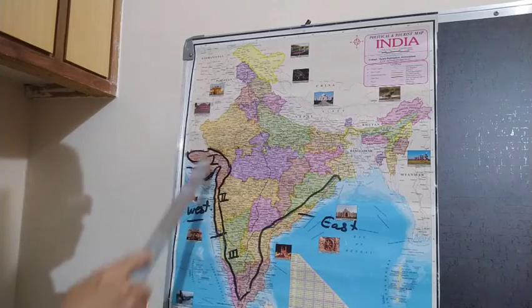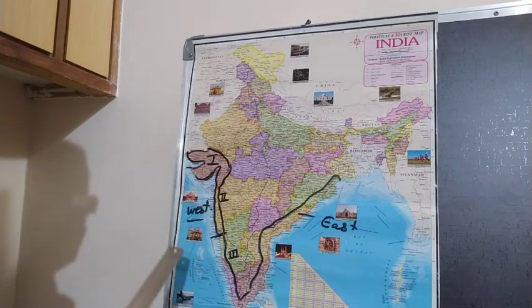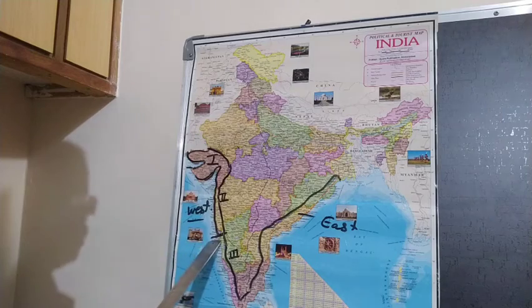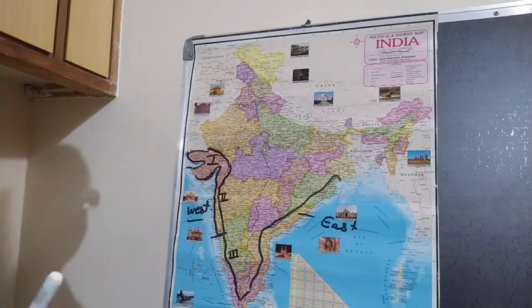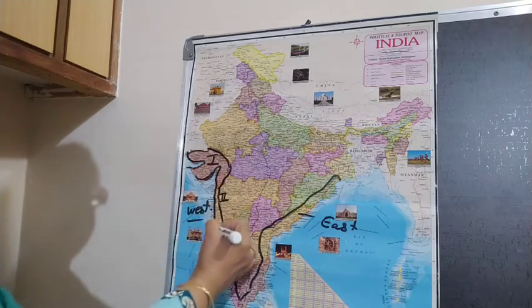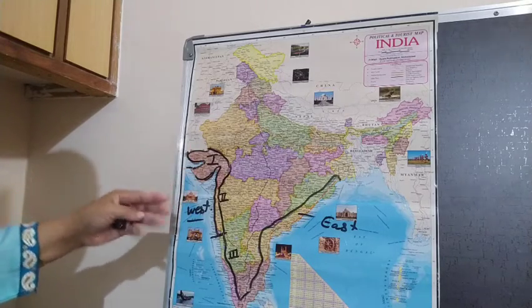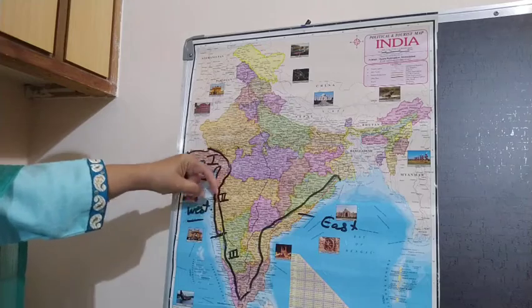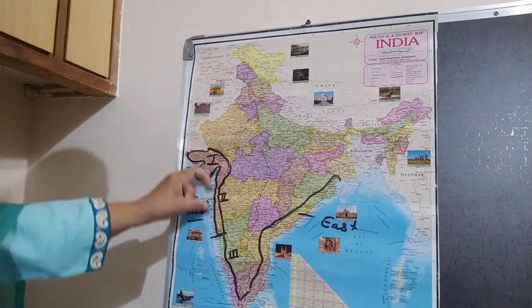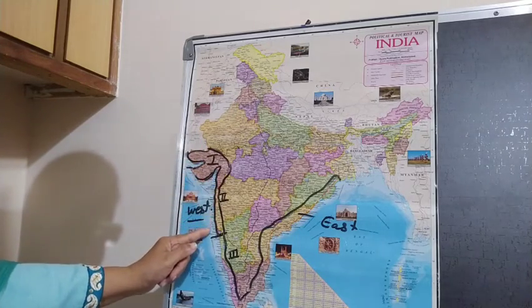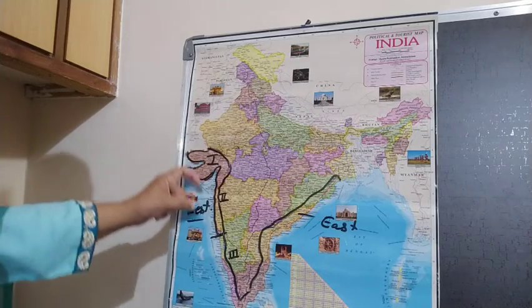If I talk about the Konkan coast, which starts from the Gulf of Khambat to Goa, in this area you will see many small hills, because the area is very narrow and rocky. So many rocks you can see here on the line of the coastal area, and lighthouses also.